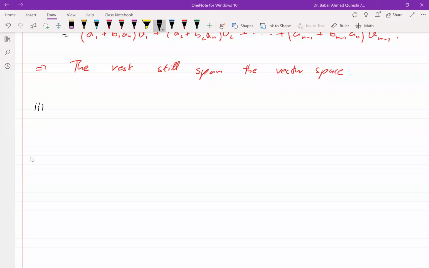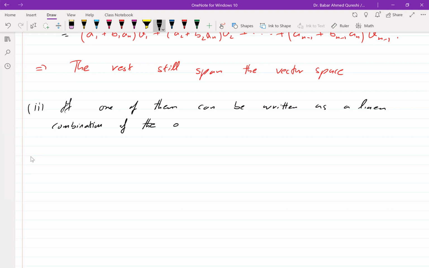And how do you prove the other? Well, that's an if and only if statement. So if one of them can be written as a linear combination of the others, then, so suppose again, this is the Vn.